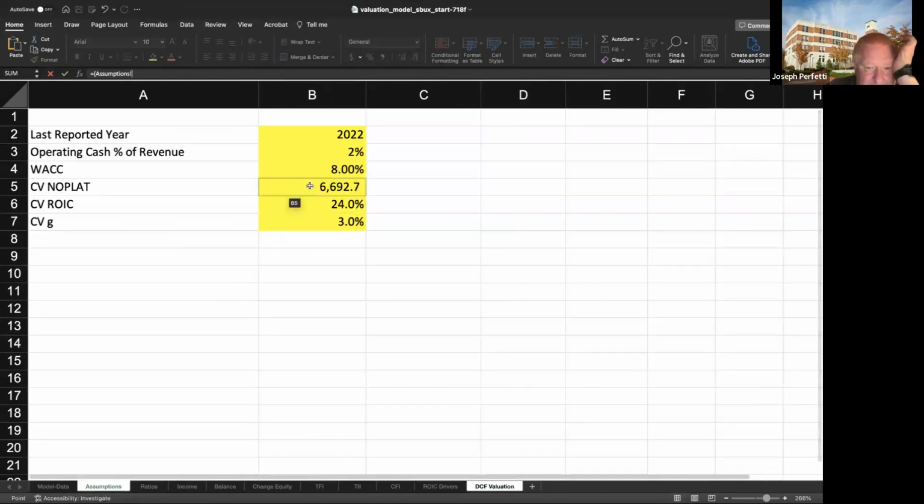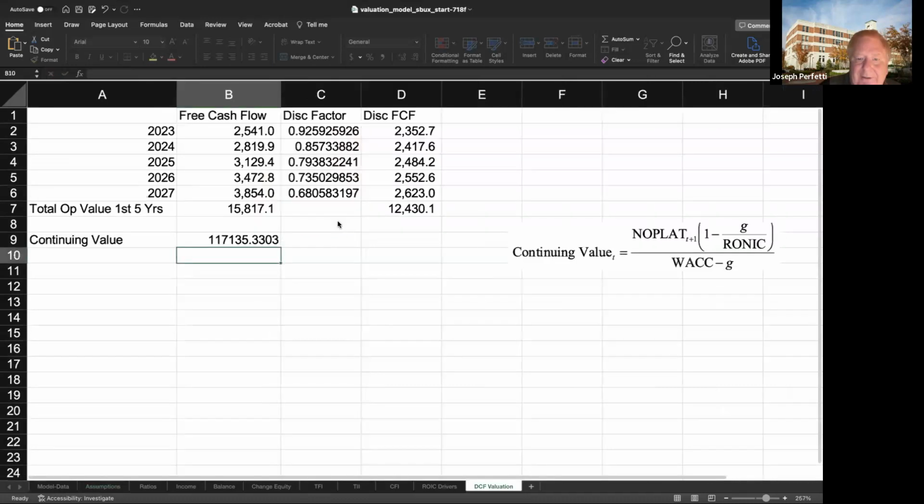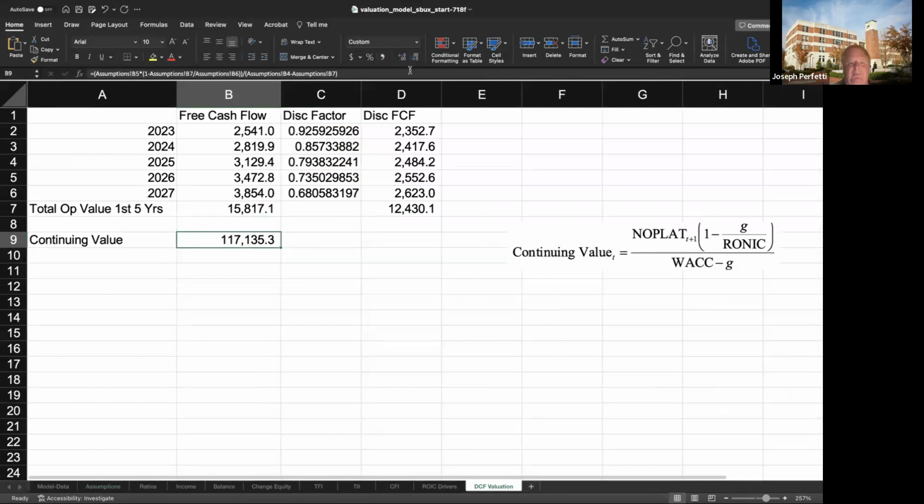Left paren, off the assumptions, NOPLAT, which is B5, times left paren 1 minus the growth, which is B7, divided by the ROIC, which is B6, right paren, divided by left paren, the WACC, which is B4, minus the G, which is B7, right paren, enter. 117 billion, 135.3 million of continuing value.